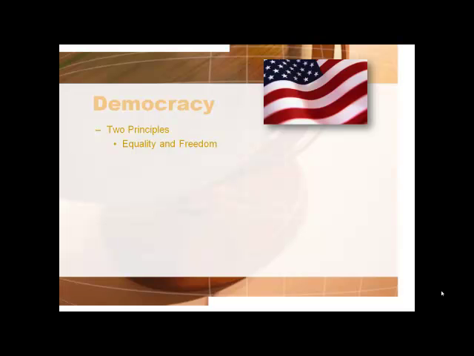Now, obviously, when we say men, we mean mankind. At the time, a good argument could be made that they truly did mean just men. The second principle is freedom, the idea that individuals have the right to self-determination, the right to choose their own path, or again, in the words of the Declaration of Independence, to pursue happiness.